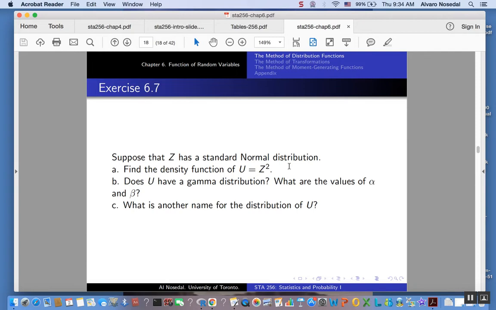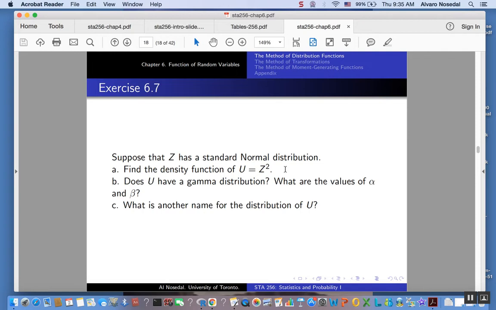So the non-zero part of our PDF will be just for values that are positive or 0. So if we wanted the probability that z squared was less than or equal to, say, -3, the probability of that happening would be 0. So the CDF, the cumulative distribution of u for negative values, is going to be 0.